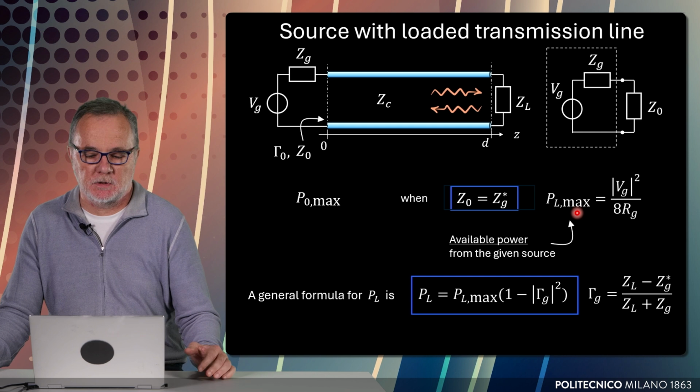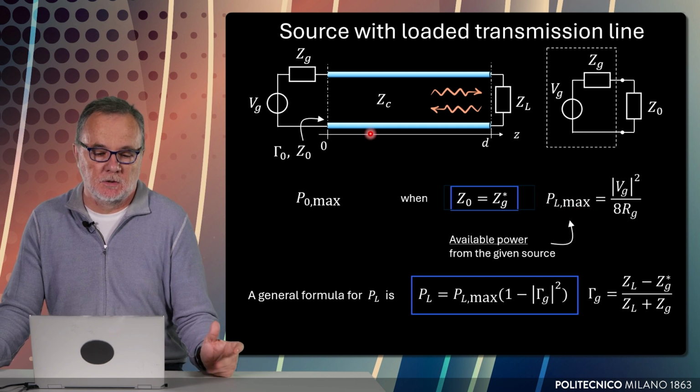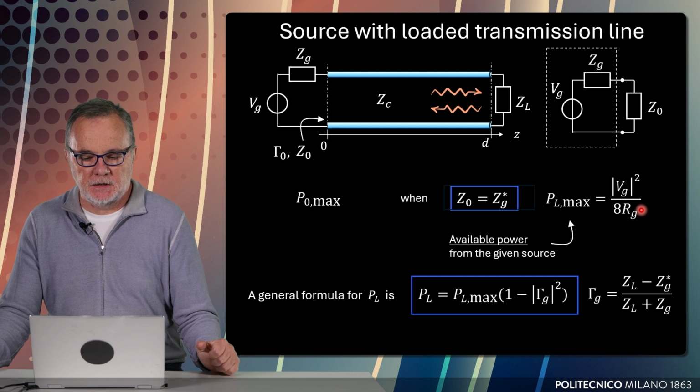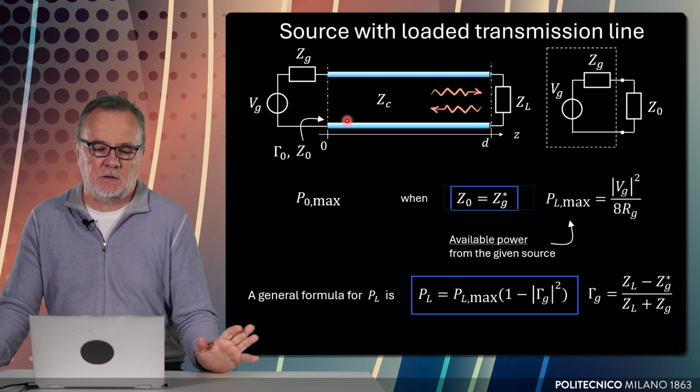This maximum power, that therefore only depends on the internal impedance and the open circuit voltage, takes this expression by computing the resulting quantities, and you cannot extract more power from this source than this expression.